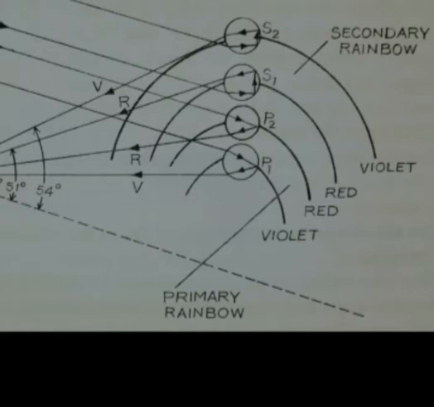Now what you will notice in this particular diagram is that the lower rainbow is always a primary rainbow and the one above is always the secondary rainbow. You never see one rainbow; there will always be 2 rainbows seen.